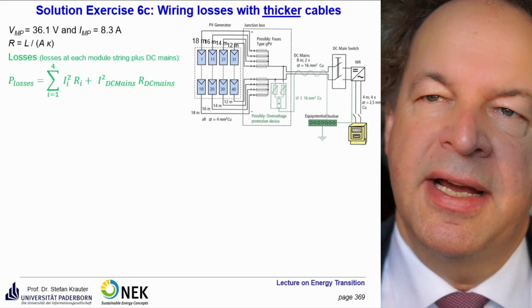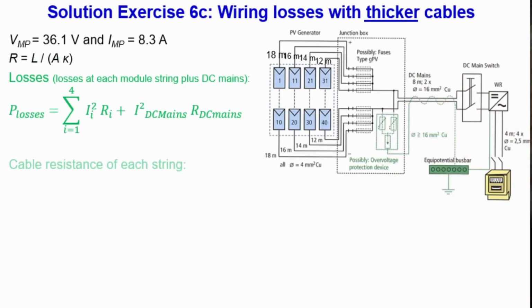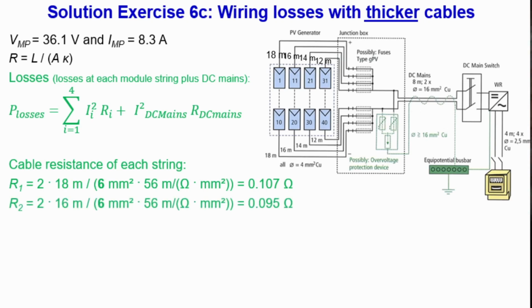Let's do the calculation again. So here we have the losses in total. We now have the modified resistances. Instead of 4 square millimeters, now we have, written in bold, 6 square millimeters. The furthest string away has a resistance of 0.107 ohms. The second string is closer, only 16 meters away, and its resistance with the 6 square millimeter cables is 0.095 ohms.